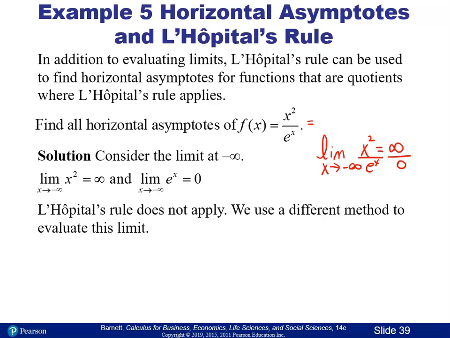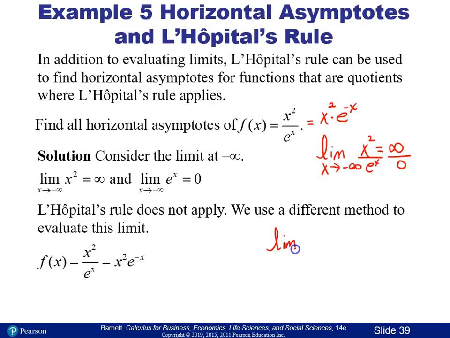So what that shows is we can't apply L'Hopital's rule in this situation because it's not 0 over 0 or infinity over infinity. One method we can look at here is to rewrite this as x squared times e to the negative x.